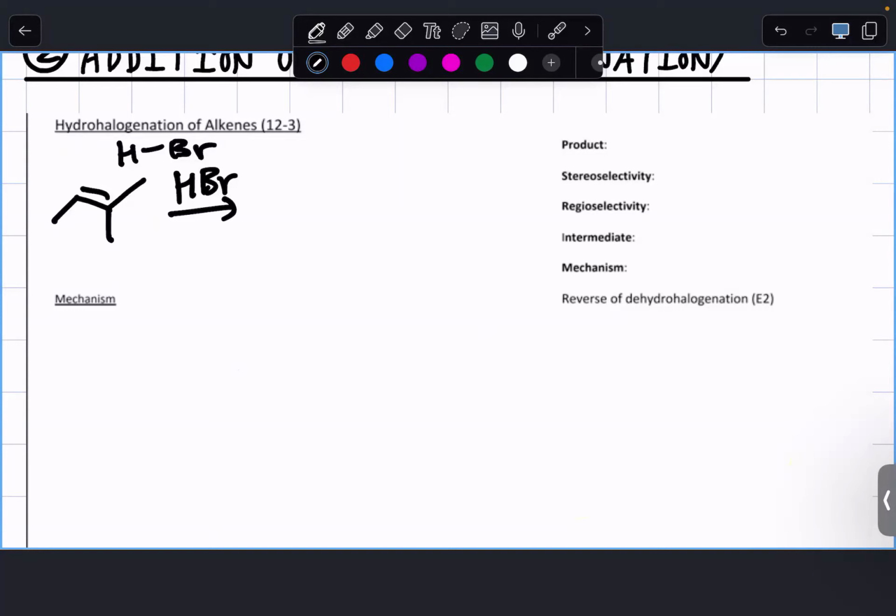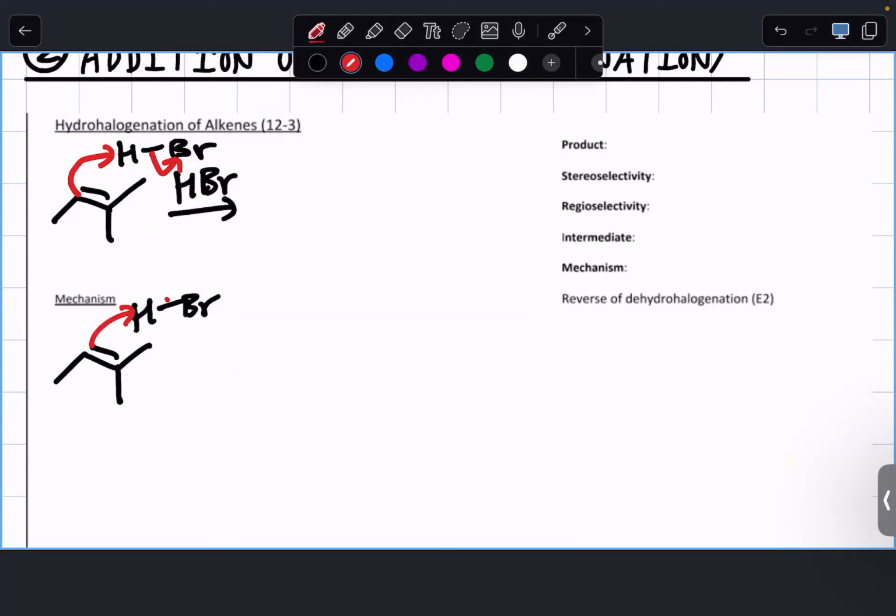We said that this carbon here is going to give us the more stable carbocation. That means that we want this carbon to attack the hydrogen, right? So this carbon here is going to attack the hydrogen and then kick out the Br. That's going to be the mechanism. HBr.